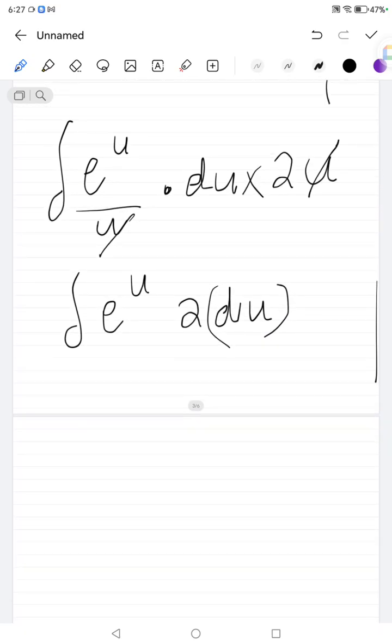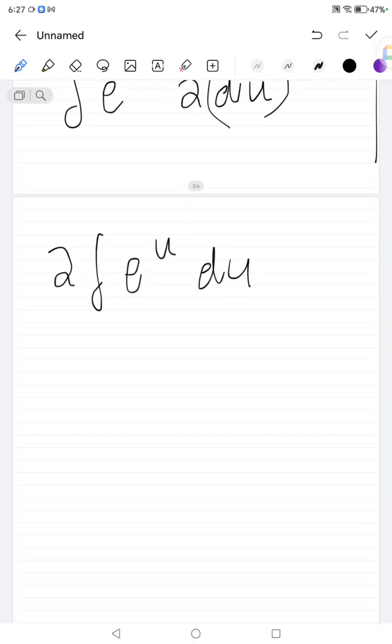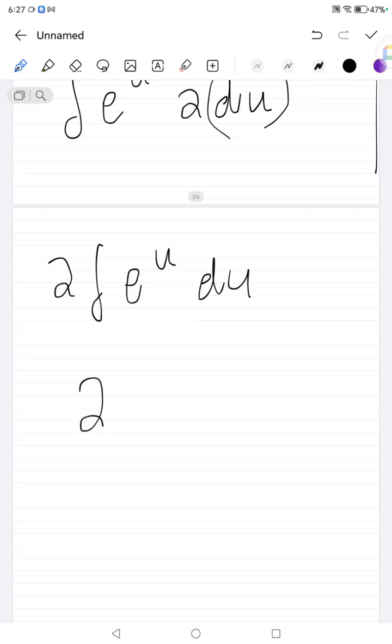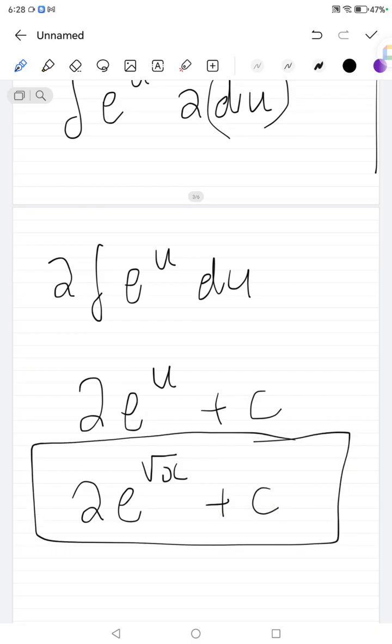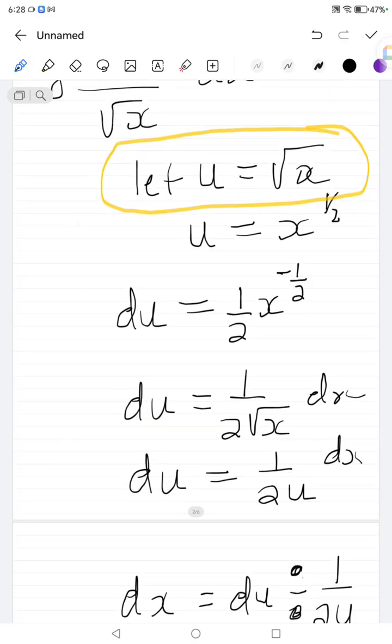Then you can just take the 2 to the other side, so you have e to the exponent u du. This one doesn't change, so you have e to the exponent u plus c. Then the final answer is 2 multiplied by e to the exponent root of x plus c. So this is going to be your final answer.